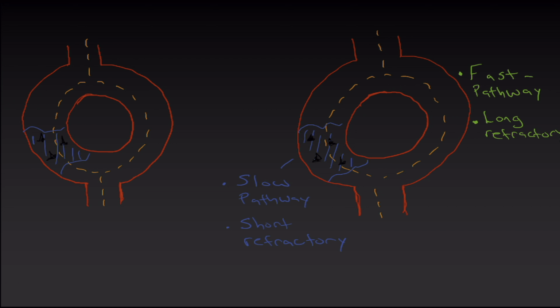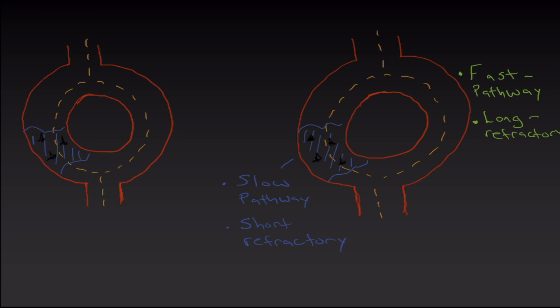It's a dirt road. You can drive it very fast. But because it's full of dirt, it's going to kick up a lot of dust and sand, which means it's going to take longer for the next car to be able to drive down that pathway, right? So that's one characteristic. It's a fast pathway, but it takes longer to reset for the next car or impulse to drive down the road.